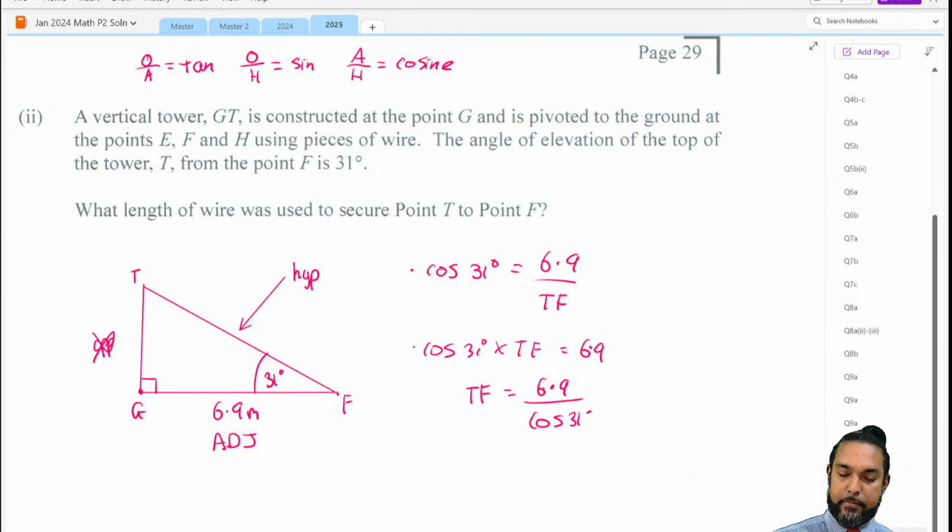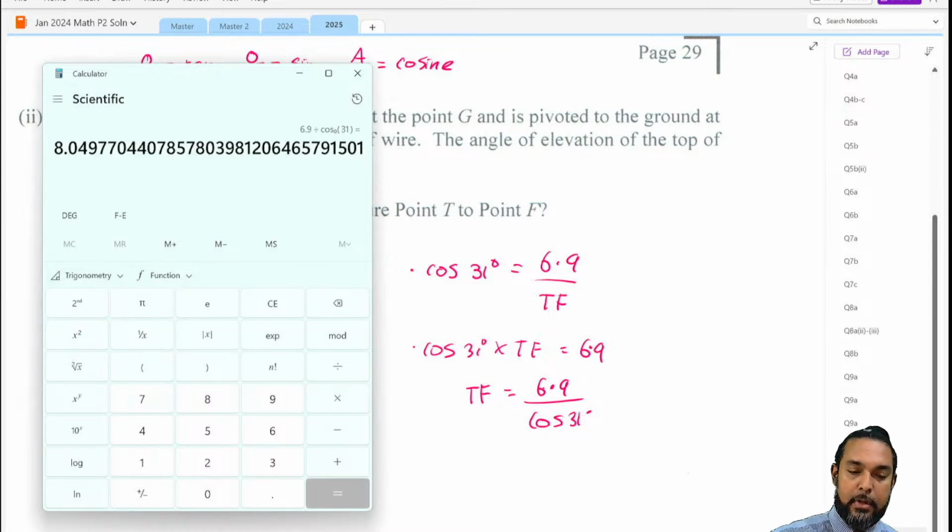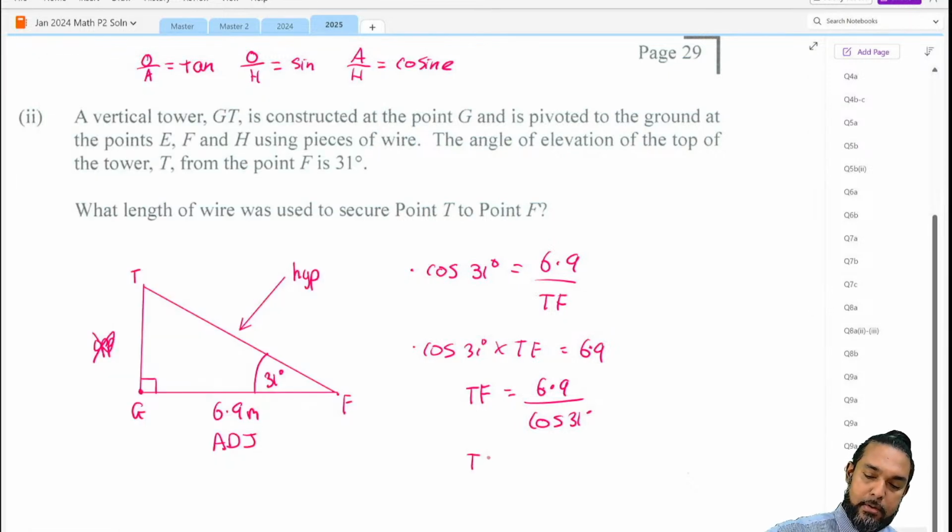Plug it up. So 6.9 divided by cosine 31, about 8. TF is approximately 8. So you can put 8.05 meters. The 3 significant figures, right?